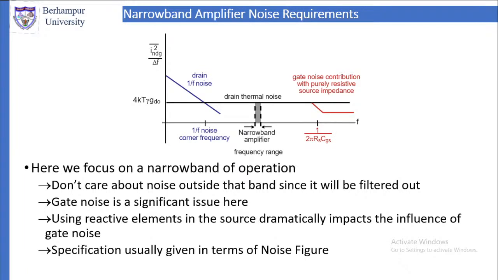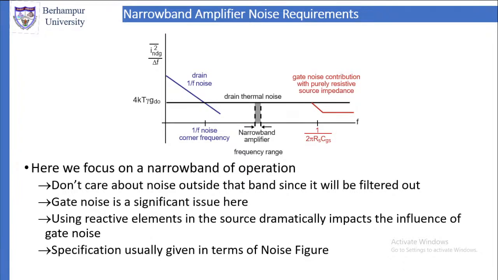This gray area is very narrow compared to the whole frequency band. Over that band of frequency, the noise contribution is mostly thermal noise. Other noise is not there, and that noise is limited to 4kTγg_d0 over that range.